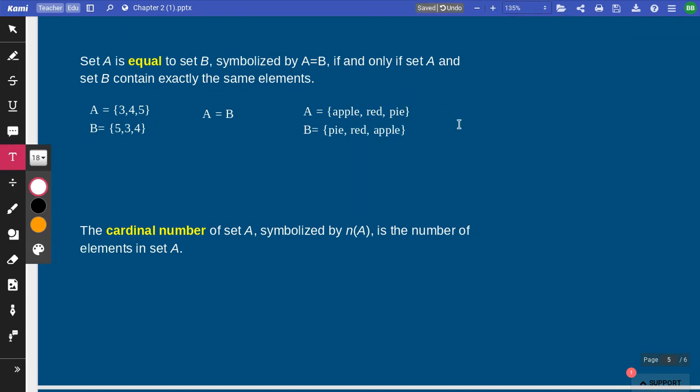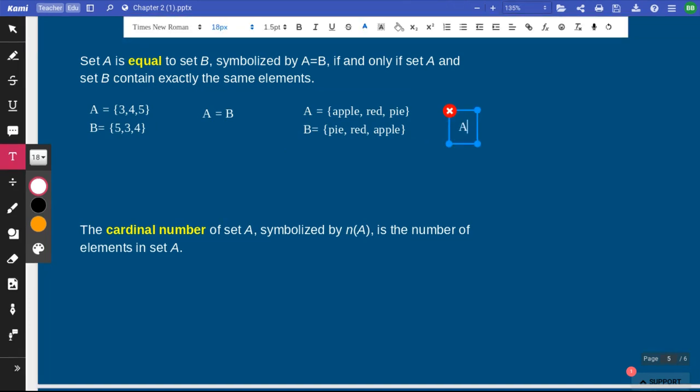Are these equal? Yes, these are exact same elements. They're just in different orders. Apple is in A, apple's in B. Red is in A, red is in B. Pie is in A, pie is in B. Exact same. Therefore, A equals B.